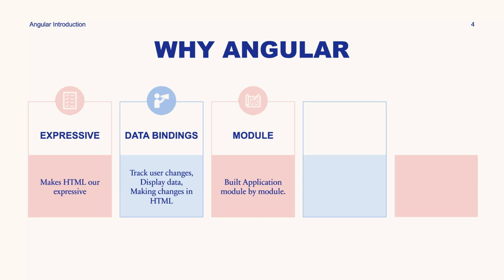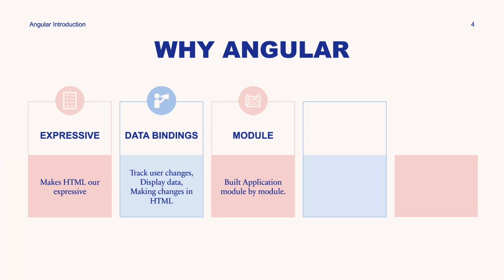We can divide our app into smaller modules, and then we build those modules and reuse them throughout our application, which makes our development faster and maintains consistency throughout our application.